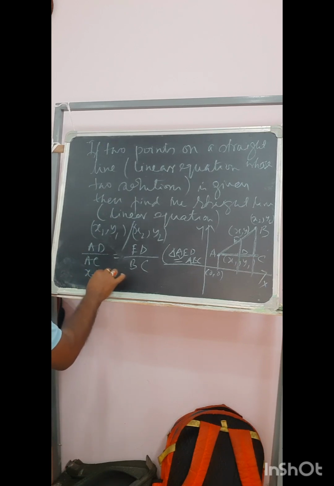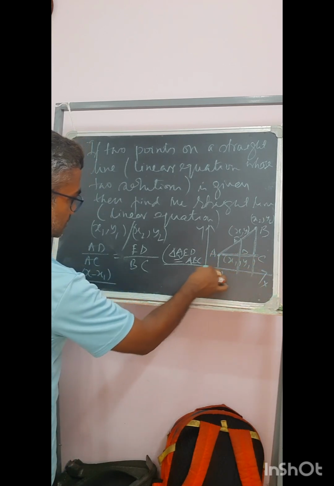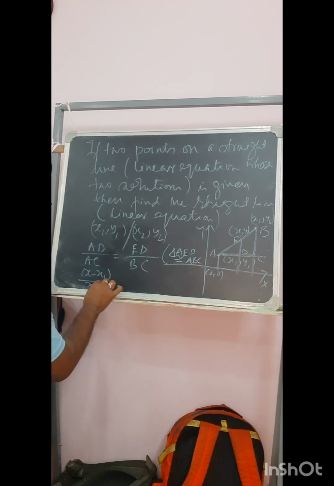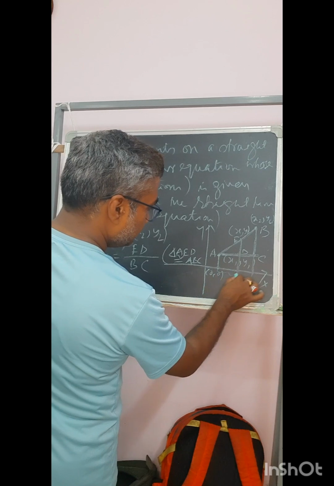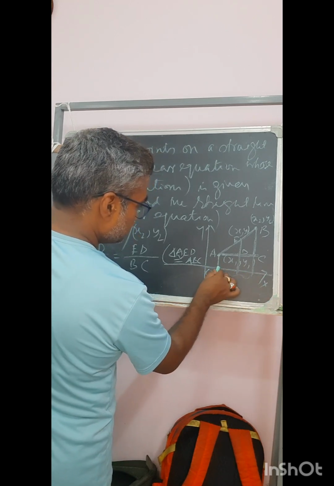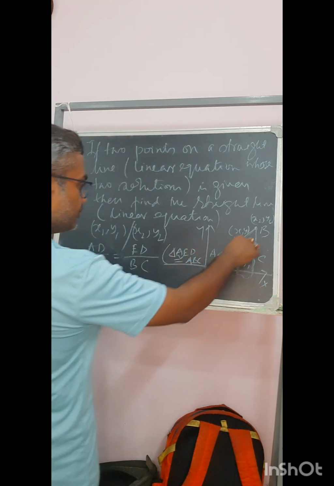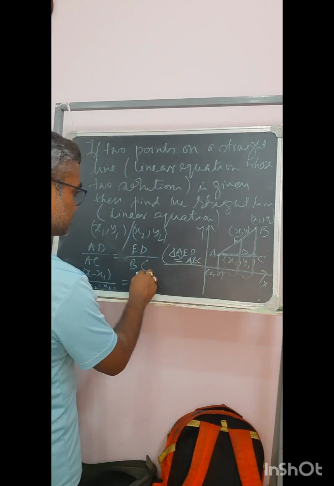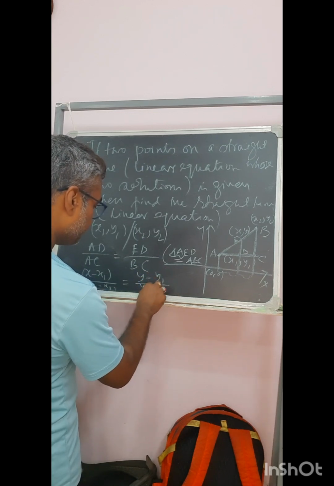Similarly, if I take AC, this will be this minus this, so x2 minus x1. Understood? x2 is this much and x1 is this much. So in between this length I will get by deducting this from this.